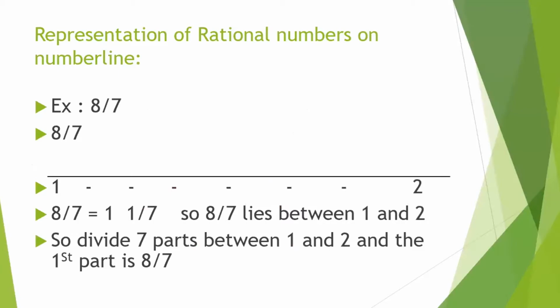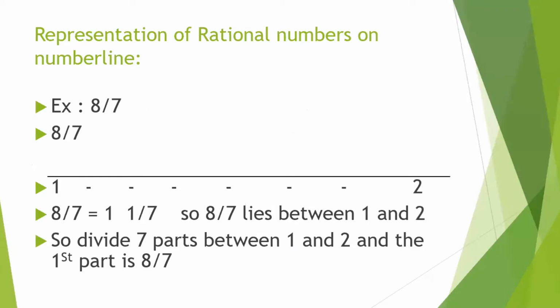Now, representation of rational numbers on the number line. Example, 8 by 7. Here, 8 by 7 is a fractional form. So, first we have to represent it as a mixed fraction. After doing the mixed fraction, we get 1 and 1 by 7. The whole part is 1.